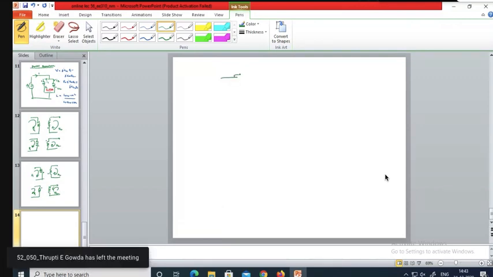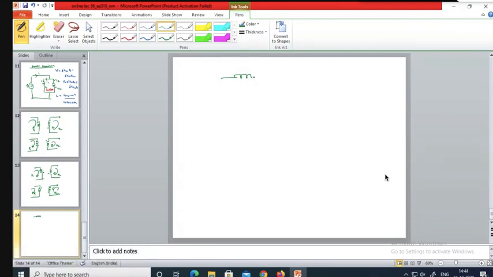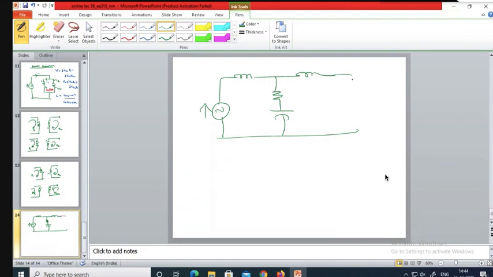If the dot convention is given, you have to assume that it is a magnetically coupled circuit. If dot conventions are not given, that means it is not magnetically coupled, unless it is explicitly said. How is it explicitly said?